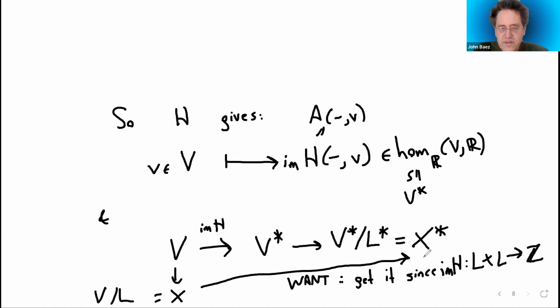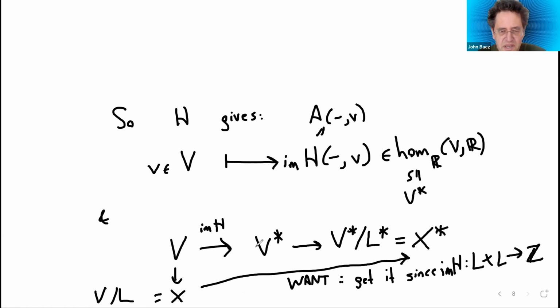And that quotients down to map to the torus. And it gives you integers on the lattice. So this factors through V mod the lattice. So here what I've done is I've gone real, so to speak.